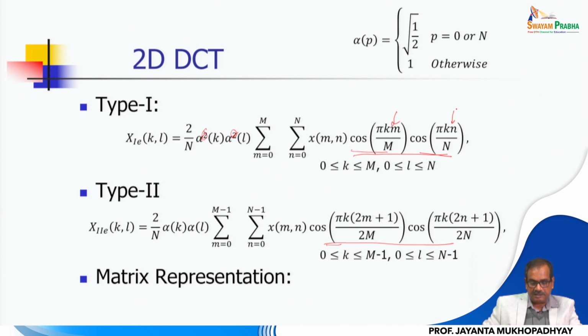In the matrix representation, once again, these transformations can be written in this form. If I have this type 2 DCT transformation matrix, as I mentioned in the beginning of this lecture, this is the notation. It is an m point type 2 DCT, this is an n point type 2 DCT, and your array is an m cross n array. Then you get your DCT coefficients as an array of m cross n.